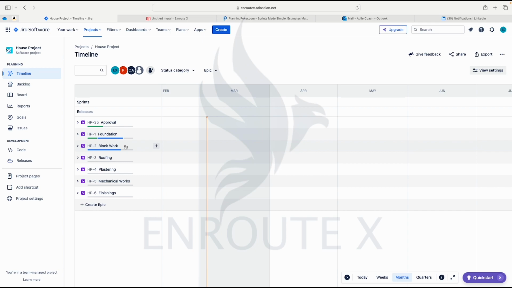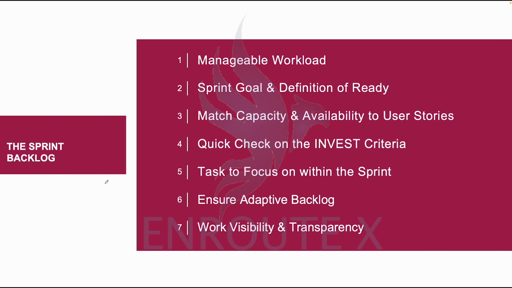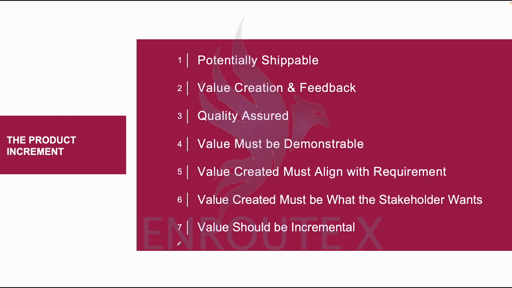So if block 1 was delivered in the third sprint, your increment would be the block wall being added to what was delivered in previous sprints. So it begins to grow, value begins to grow in that order until every piece of that is delivered.